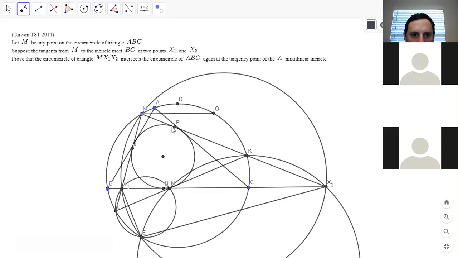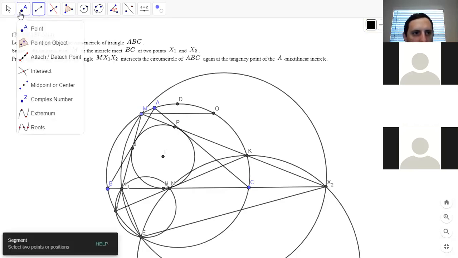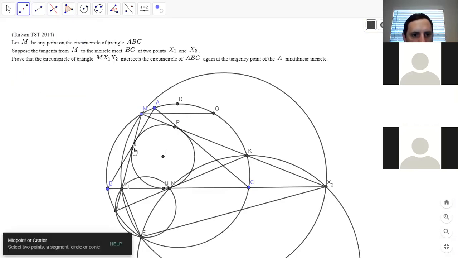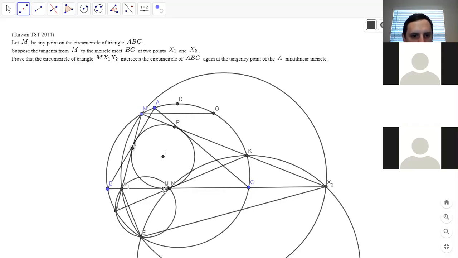Should be this one. So X1 would go to Q, X2 would go to R, M would go to S, right?